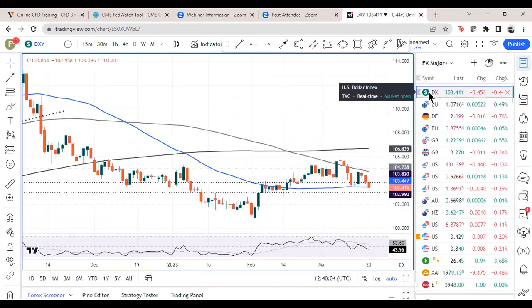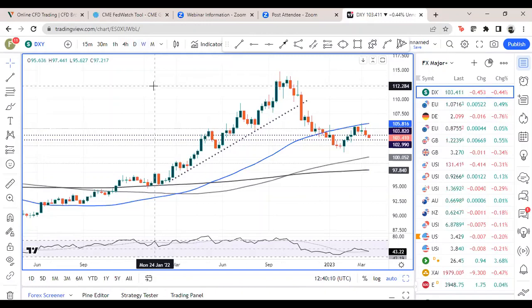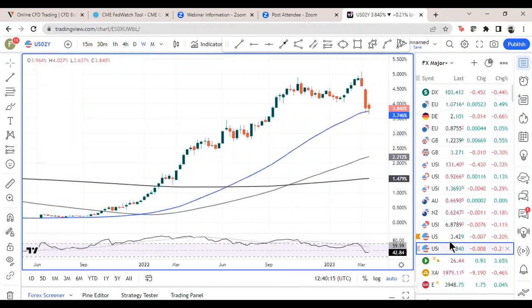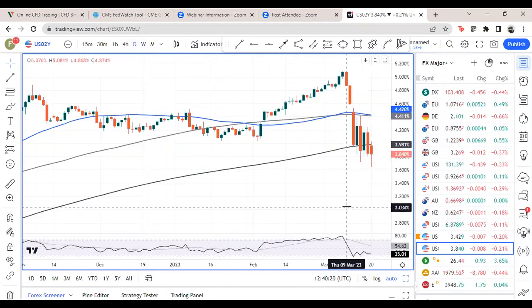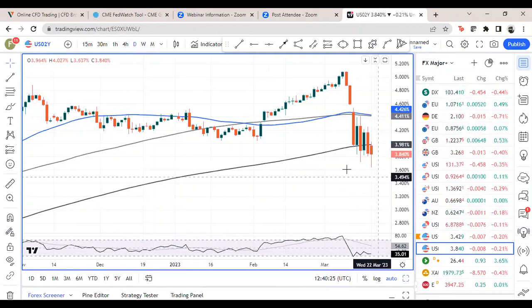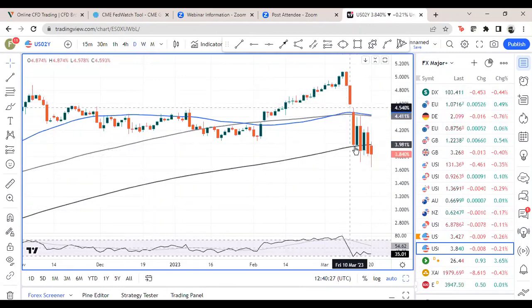It's following US Treasury yields, which have been all over the place. If I just show you the 2-year yield, we don't look at it too often, but Fed funds is highly correlated to it, and you can see over the last week the collapse in that 2-year yield, and the volatility from day to day, where we've had more positivity and then less.